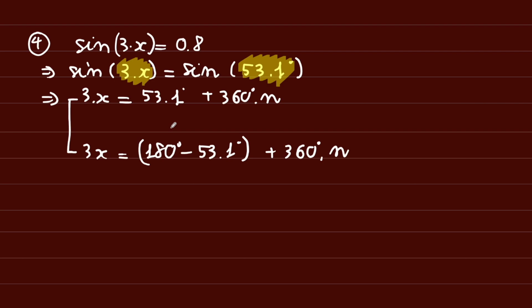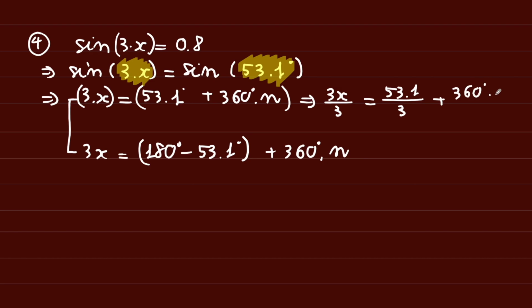How can we work with this one? Because the left hand side and the right hand side of the equation have brackets like this, and I want to make x the subject, I need to divide both sides of this equation by 3. Divide by 3, you got 3x divided by 3, 53.1 divided by 3, and 360 degrees multiplied by n divided by 3.